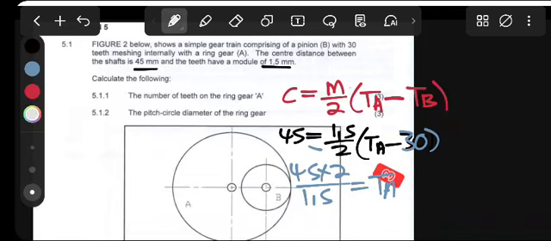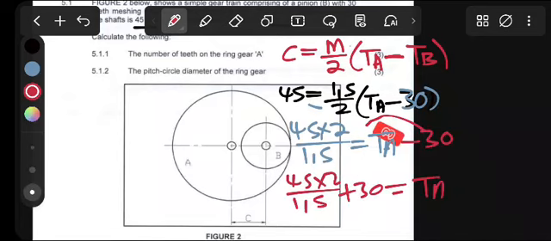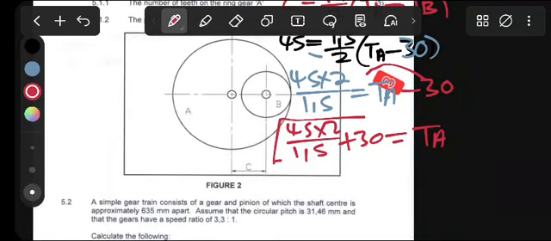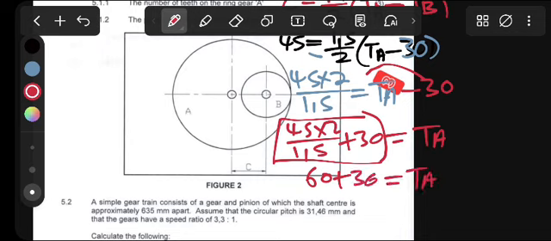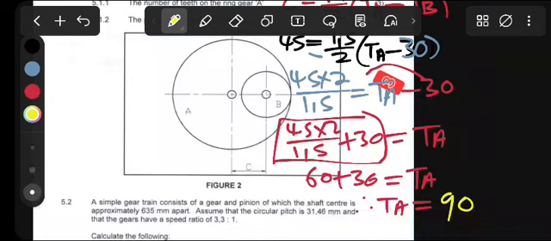Since we have 30, we take 30 to this side, and it becomes positive: 45 times 2 divided by 1.5 plus 30 gives teeth A. So this will be 60 plus 30, which is teeth A. Therefore teeth A will be equal to 90 teeth.